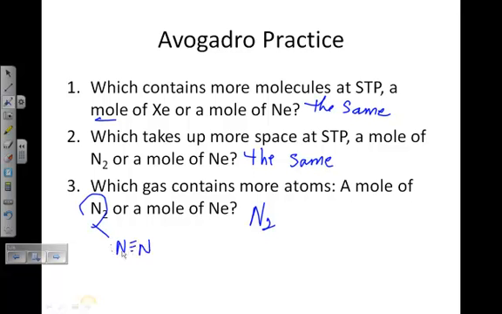Recall the Lewis dot structure. You actually have 2 atoms in the molecule, so you have double the number of atoms. So this has 12 times 10 to the 23rd roughly, versus neon, which would have 6.02 times 10 to the 23rd atoms.